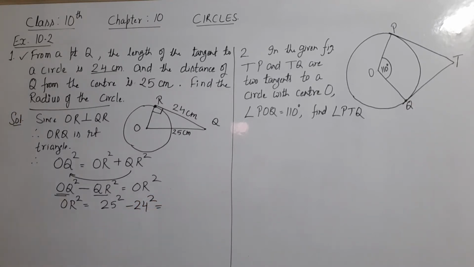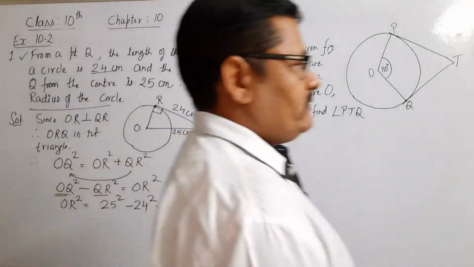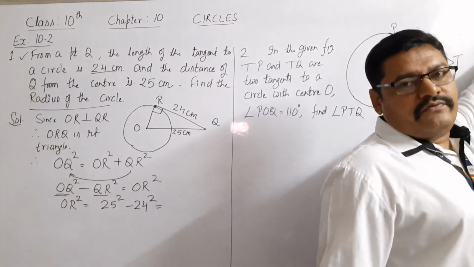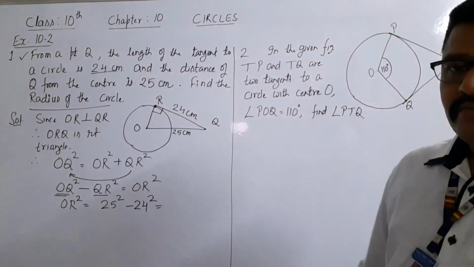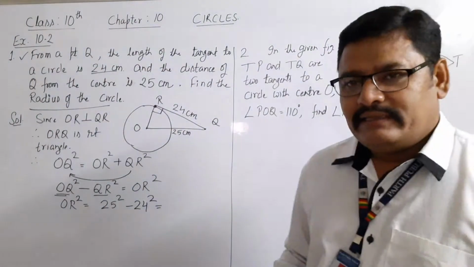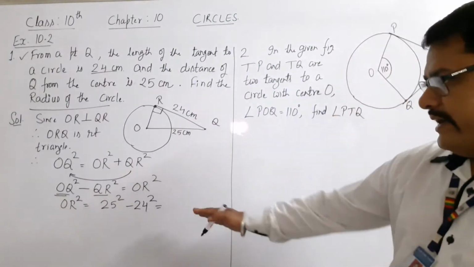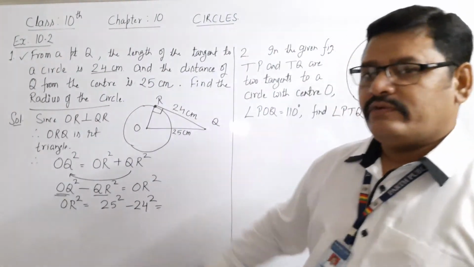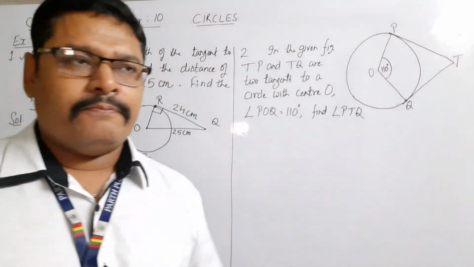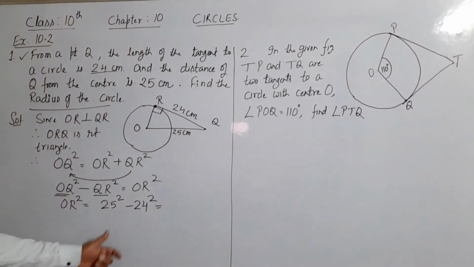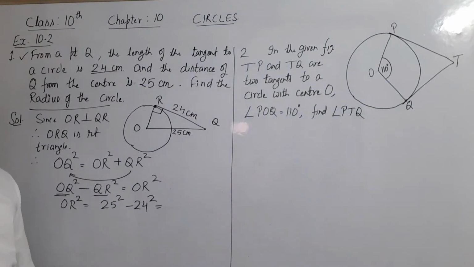Now see, if it is not easy for me to find the square of 24, then there is an easy method to find the difference of these two squares. We can easily note that difference of 25 and 24 is 1.